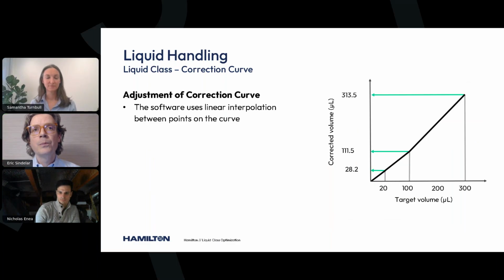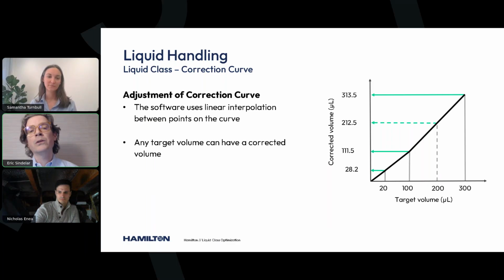Now, for any target volumes that aren't specified on the correction curve, the software uses linear interpolation between points on the curve. On the right, you'll see on the graph that for the volumes 20, 100, and 300 microliters, there's a correction for each of those volumes. So if you tried to pipette 200 microliters, its corrected volume would be interpolated to be 212.5 microliters.